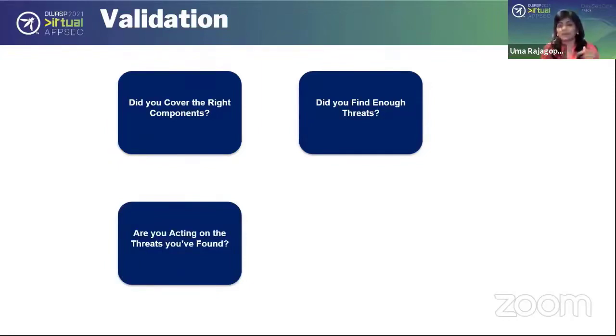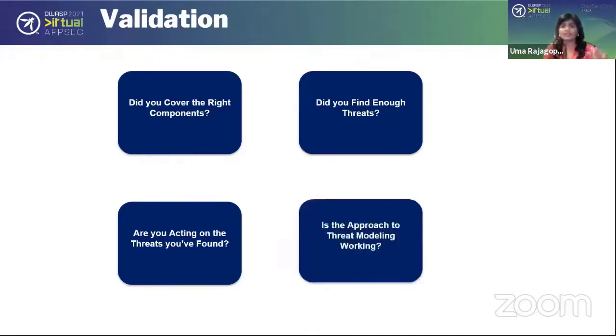I like the example Megan gave, she stressed that if you have acted on a threat, did it introduce any new threat? That has to be looked at and then documented as well. And is the approach to threat modeling working? What I mean by that is, there are ways to validate if this approach is working or not. For example, pen testing.